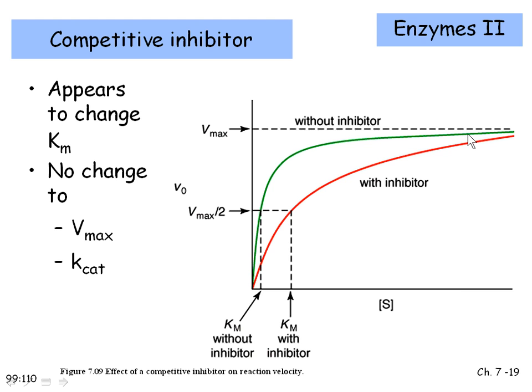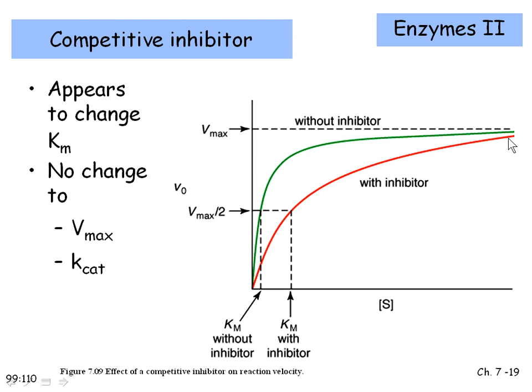And the way we represent this mathematically is to say that the Vmax does not change from a competitive inhibitor because you can add enough more substrate in principle to get it back up to its original Vmax, which is also telling you that the catalytic constant is not changed. It hasn't harmed its ability to actually make a reaction happen.